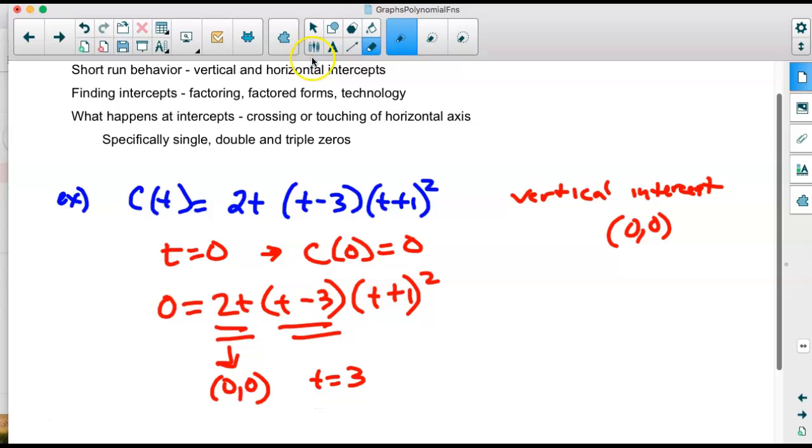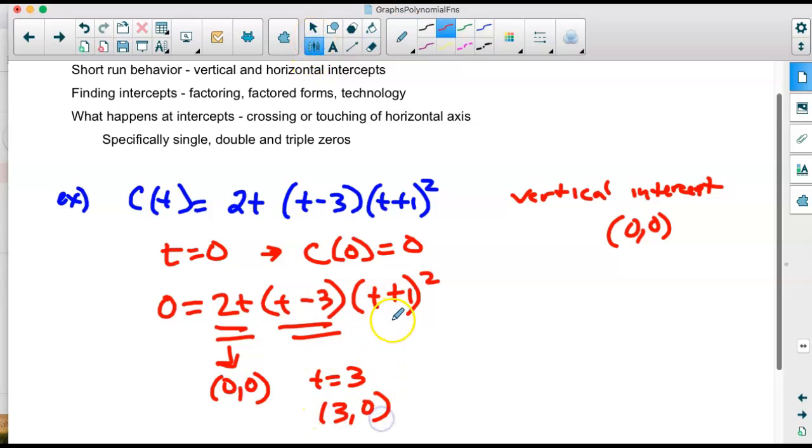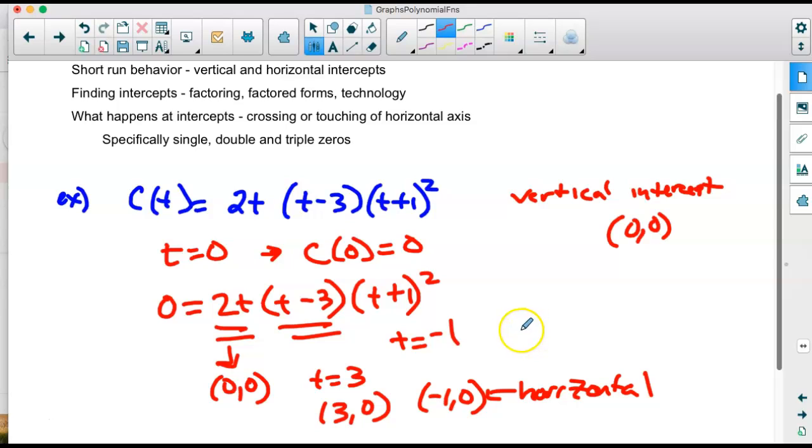And so that value is going to be 3, 0. And this t is going to equal -1. So that's going to be a -1, 0. So those are my horizontal intercepts. Okay, horizontal intercepts are the x-intercepts.